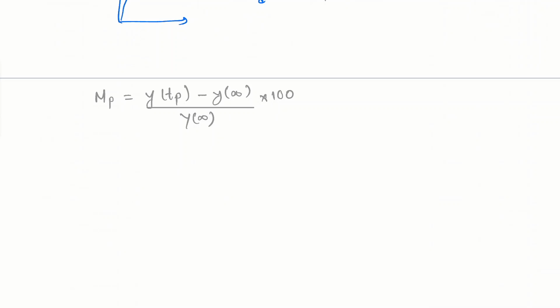If we substitute and solve, the expression evaluates to e power minus zeta pi over under root of 1 minus zeta square.